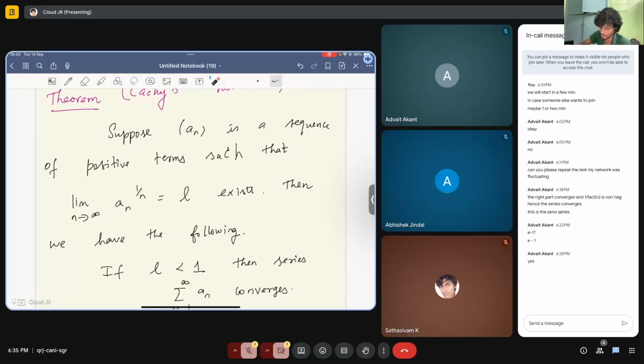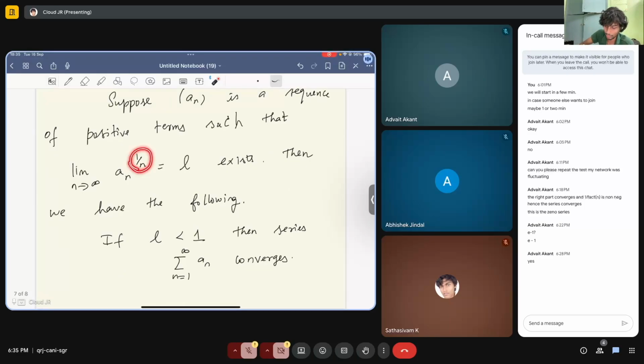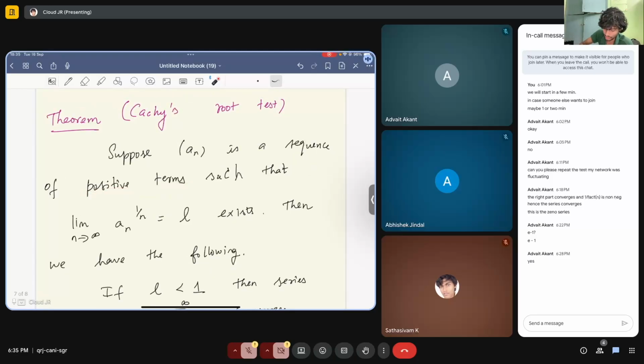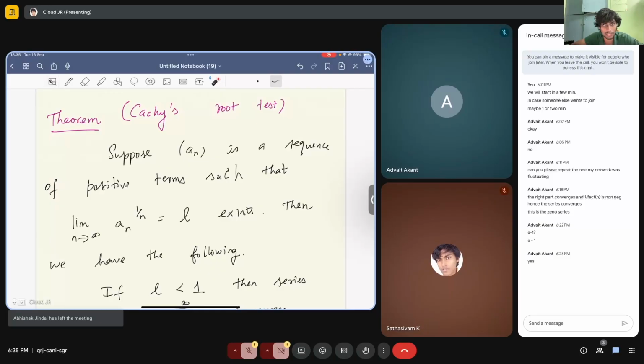You need non-negative terms so that the nth root makes sense. As long as I read the proof, the exact positive is not needed; you can just have non-negative terms.